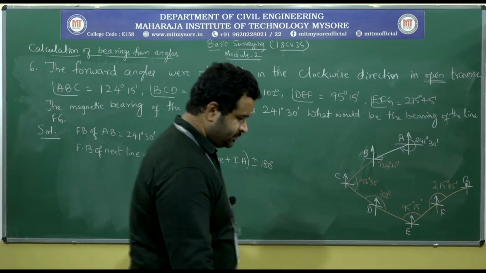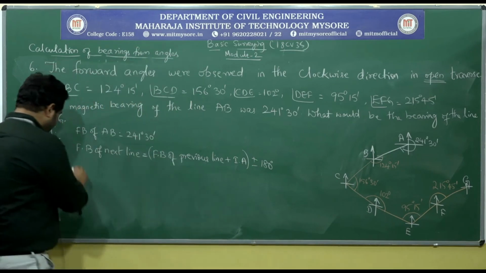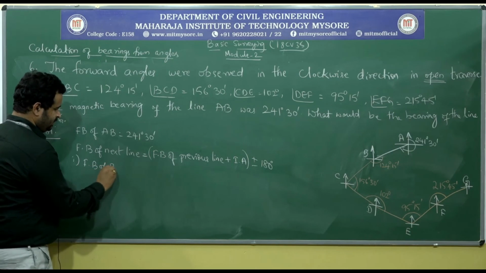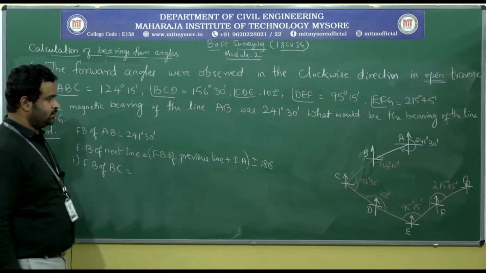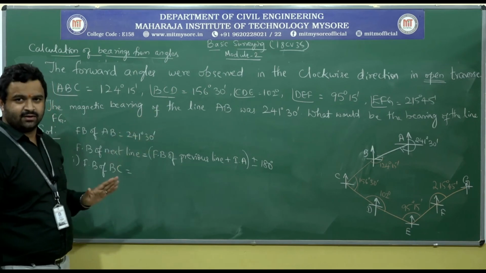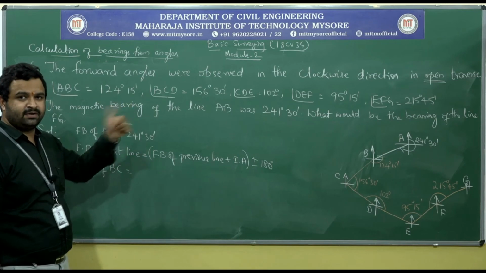So, you should calculate the bearing of line BC. First one, forebearing of line BC is equal to, since directly the forebearing with respect to A to B is given, we need not calculate its back bearing in this particular case as we had done in the previous problem.